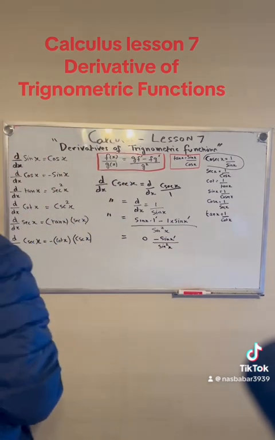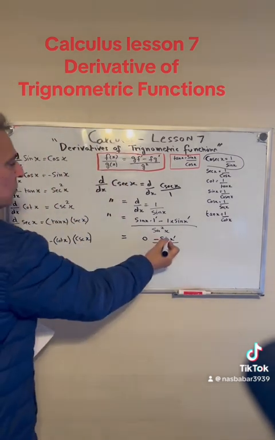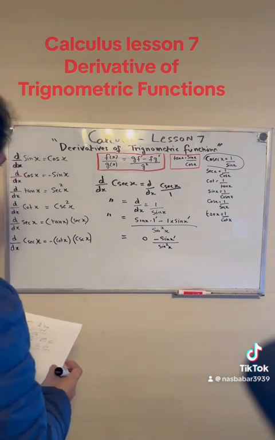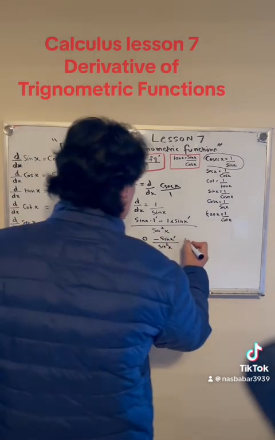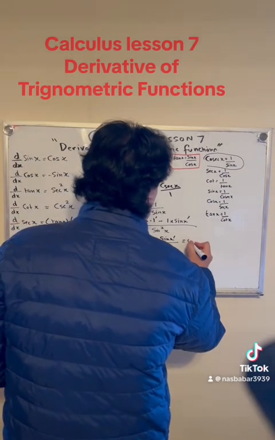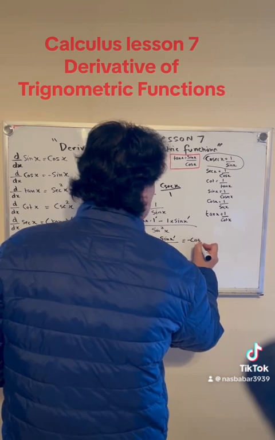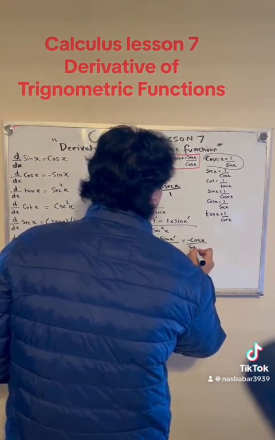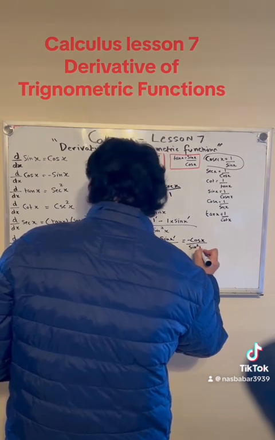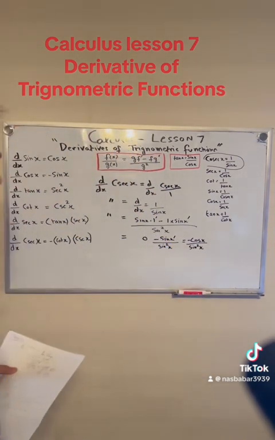Now what is the derivative of sine of x? Derivative of sine of x is cosine of x. So then I can write this as minus cosine of x over sine square of x.